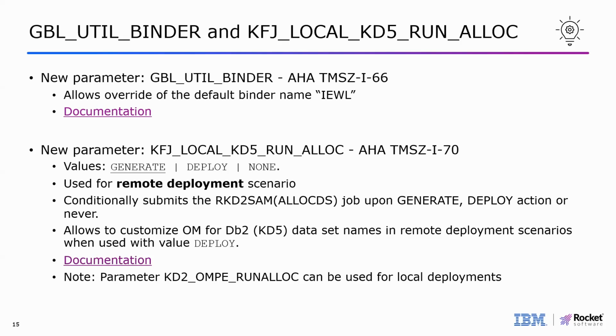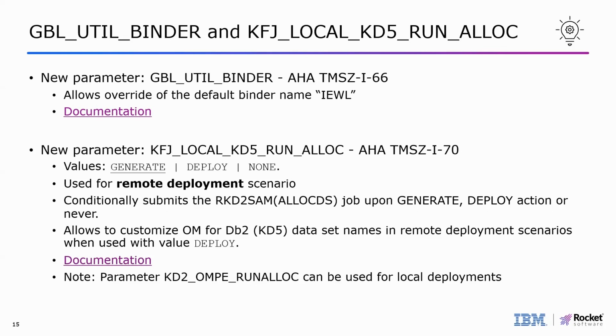The rationale here is that in remote deployment scenarios, meaning when you use package and deploy, especially deploy, there was no possibility to customize the respective allocation attributes for the data sets that are allocated via allocDS.